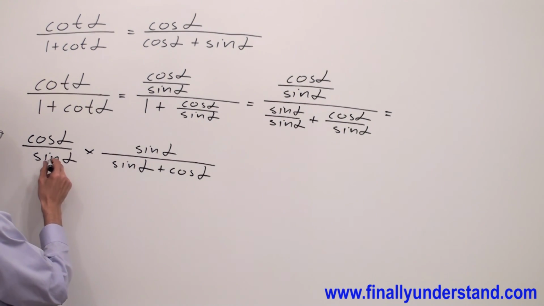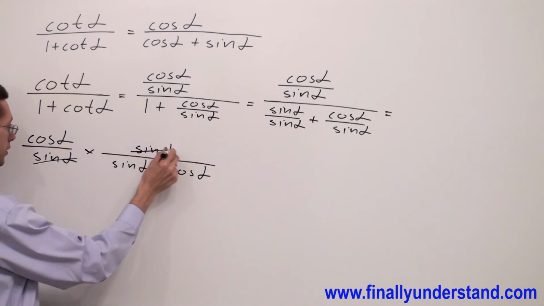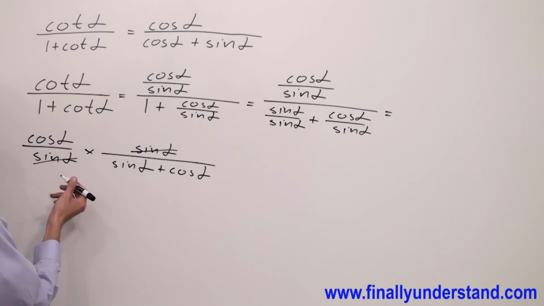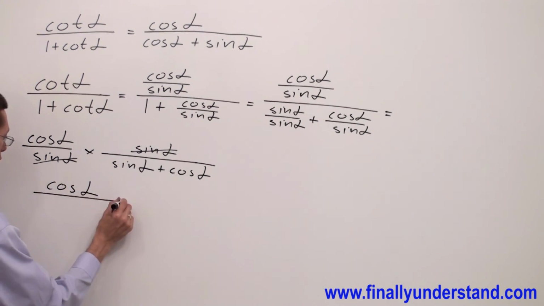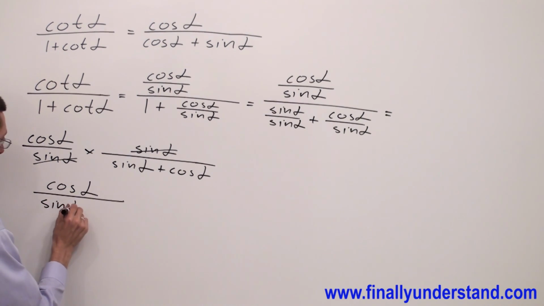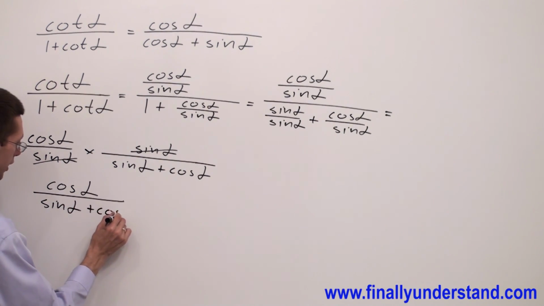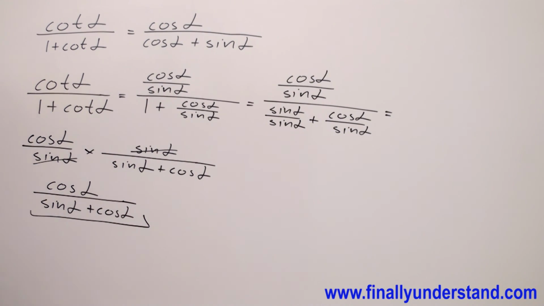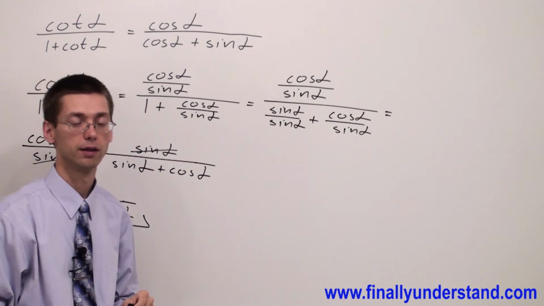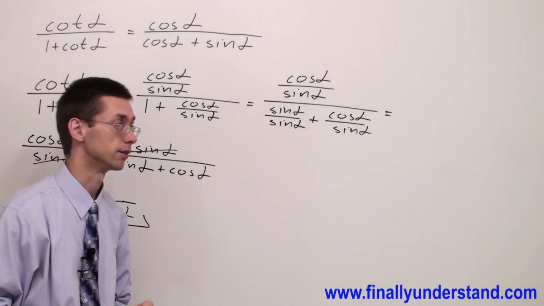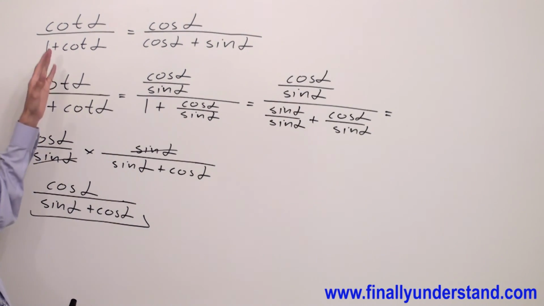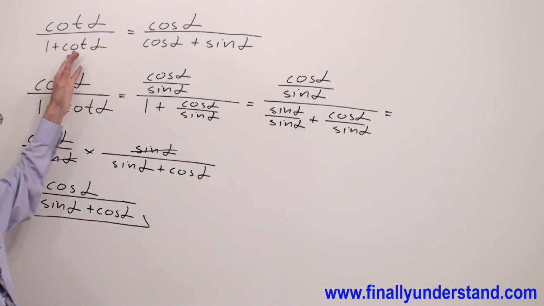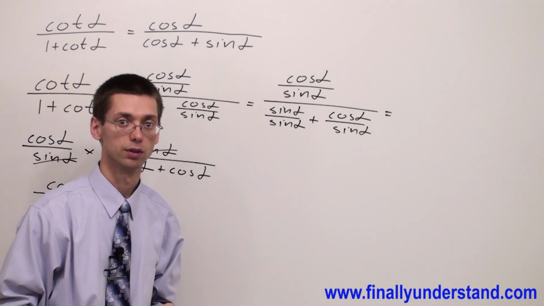And I can reduce this sine alpha and this sine alpha. And I end up with cosine alpha over sine alpha plus cosine alpha. And this is nothing else, just the right side of my original identity. So this is the proof that the left side of my identity is equal to the right side.